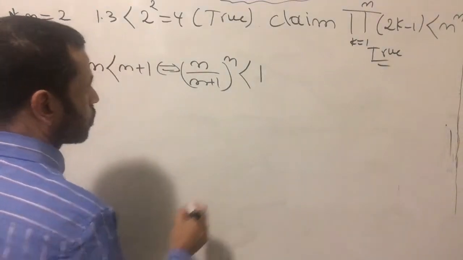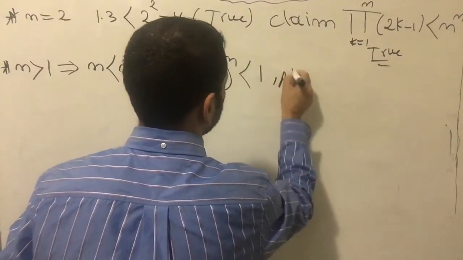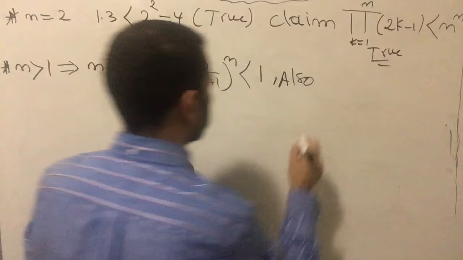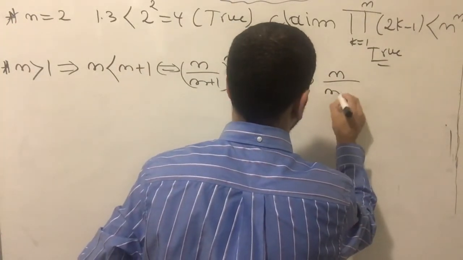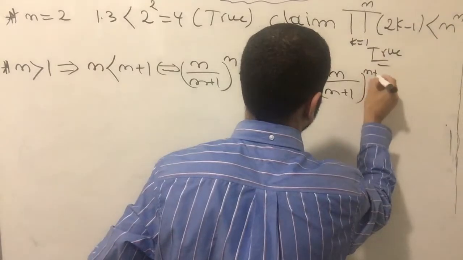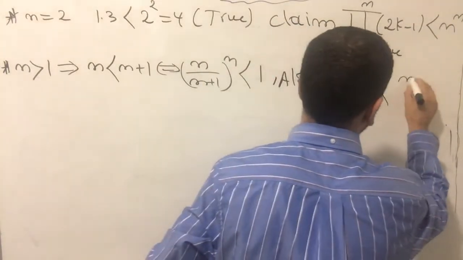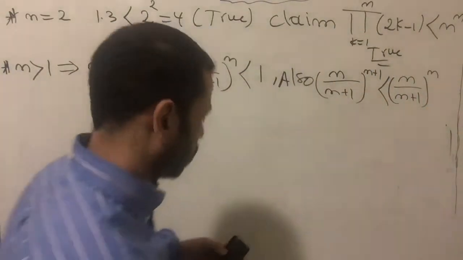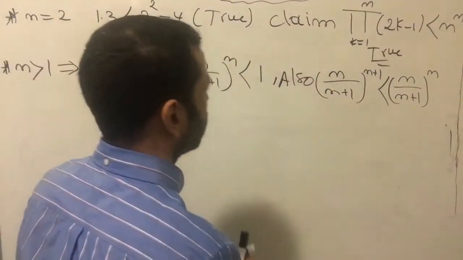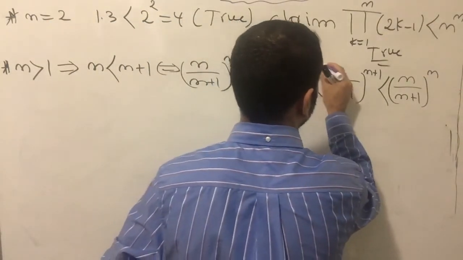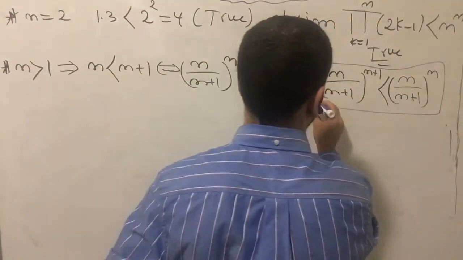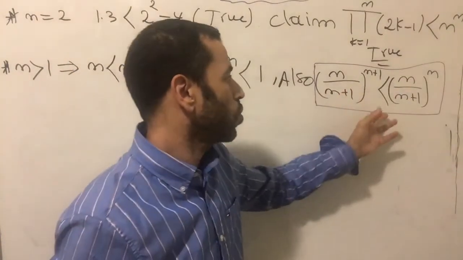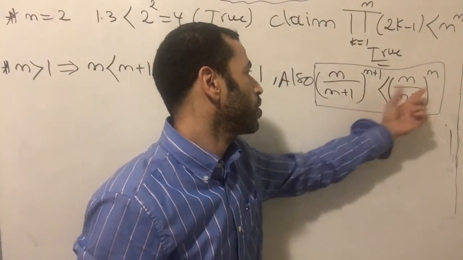Also, since this is strictly less than 1, n over n plus 1 to the n plus 1 is strictly less than n over n plus 1 to the n. When you have something strictly less than 1, you have the number raised to the n plus 1 always strictly less than this same number to the n.